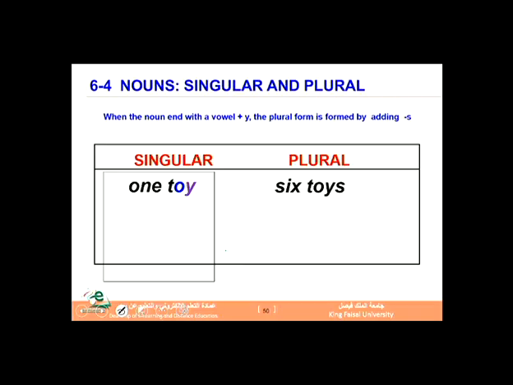So when the noun ends with a vowel, the O here is a vowel, plus Y, the plural form is formed by adding S. Let's look at the example. One toy, 6 toys. So the O is a vowel, then we have Y. To make plural, you just add S to the end of the noun.